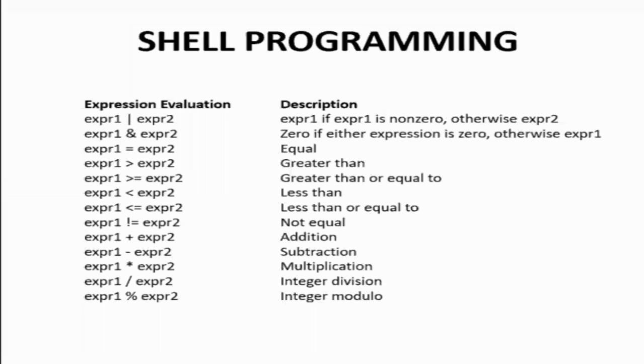Otherwise, if expression 2 is non-zero, then it will be evaluated. Then expression 1 and expression 2 returns 0 if either expression is 0, otherwise expression 1 will be returned.